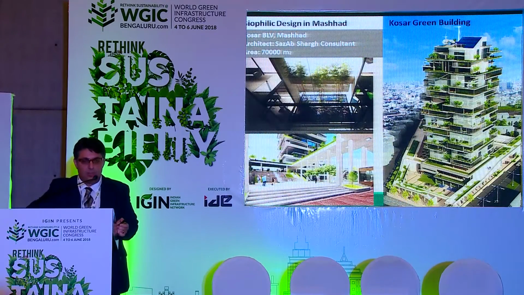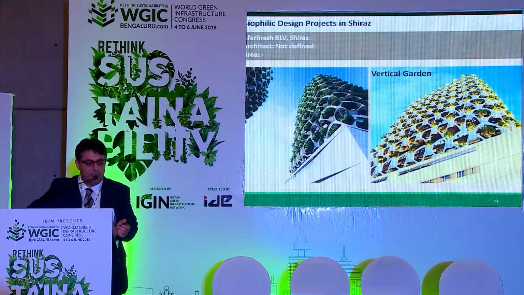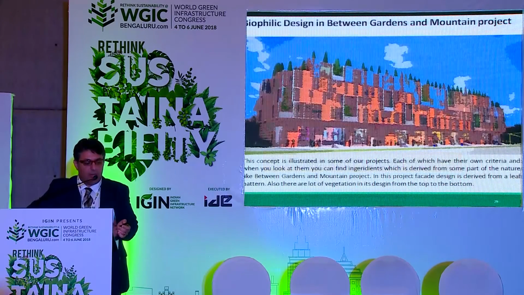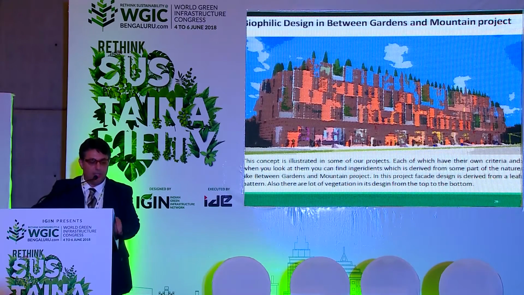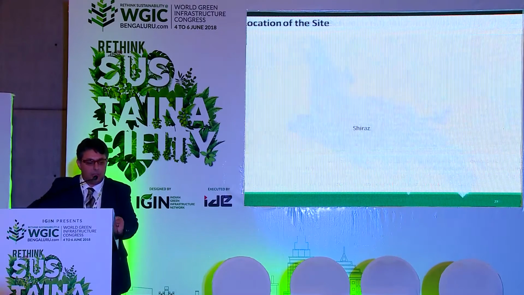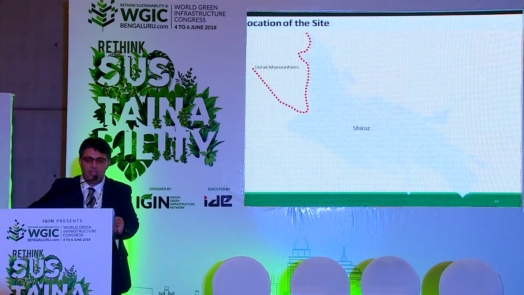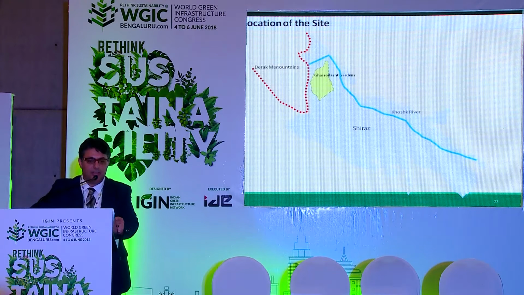So starting the biophilic project, this is a new project that's probably one of the architects, one of the studios designed. This is another one in Mashhad, one of the northern cities in Iran. And our biophilic design, this project is in Shiraz. It's a very great location. It's within the chain of mountains at the left, and there is a garden at the right.